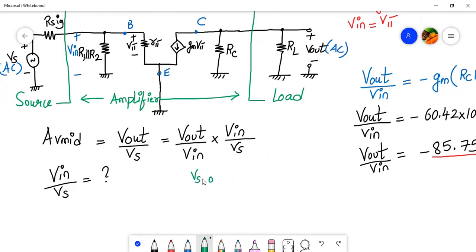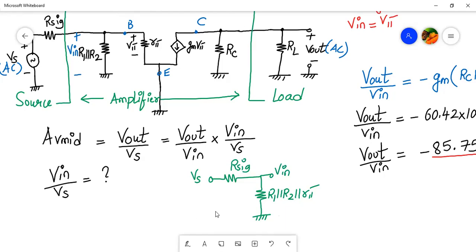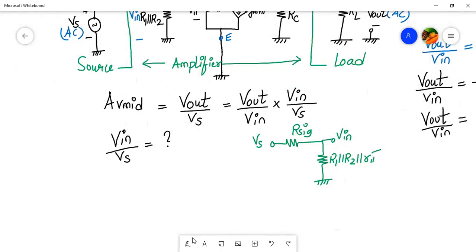This is Vs, this is R sig, and over here we have three resistances which are in parallel: R1 parallel to R2 parallel to R pi. Clear about it? This is the ground, and over here we are testing V in. So this is a simple voltage divider.